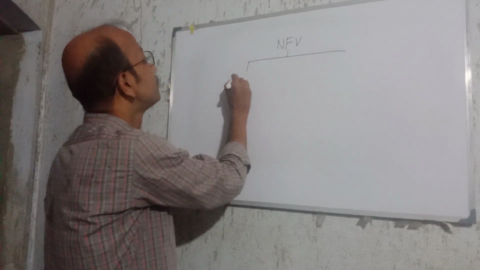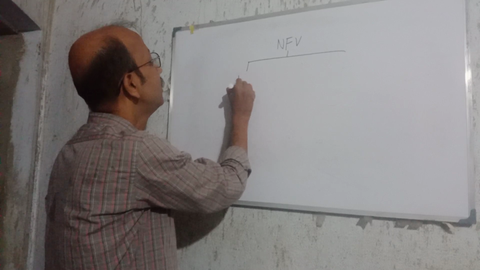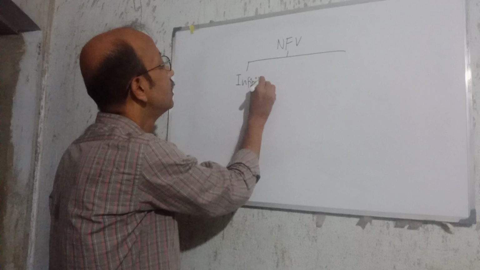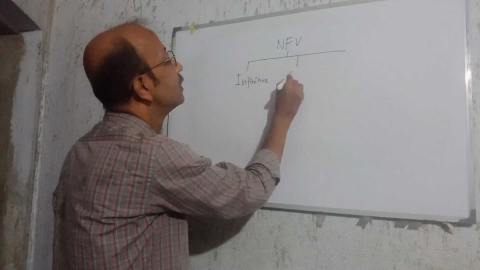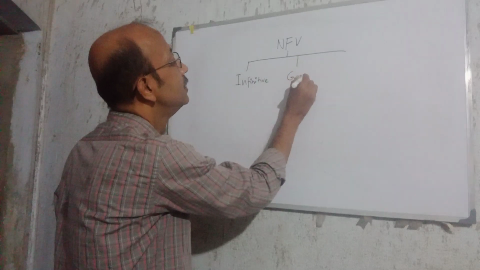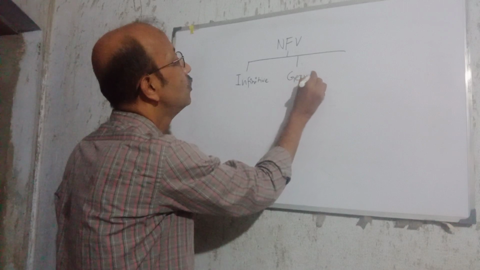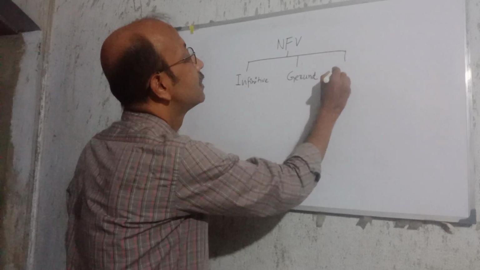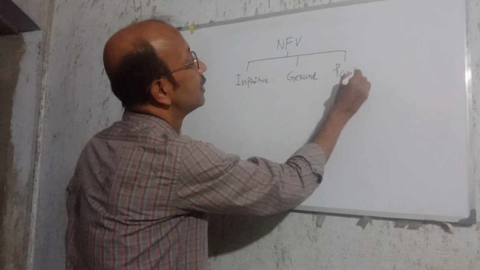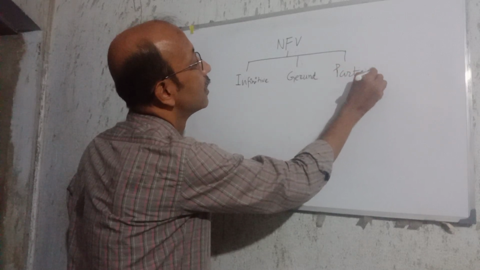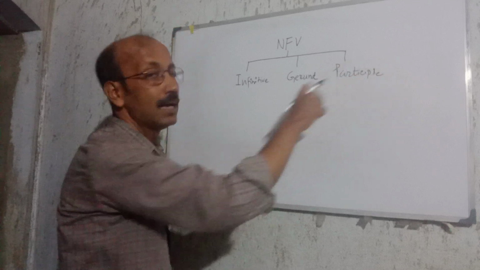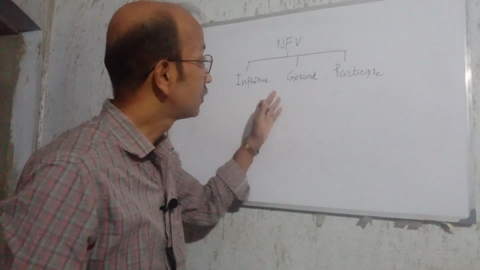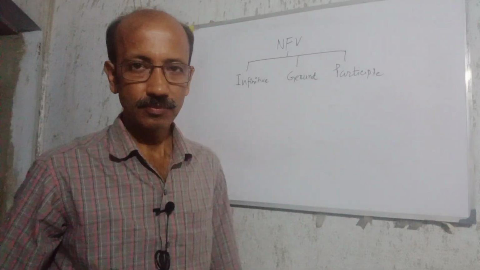One is infinitive, next gerund, and number three is participle.